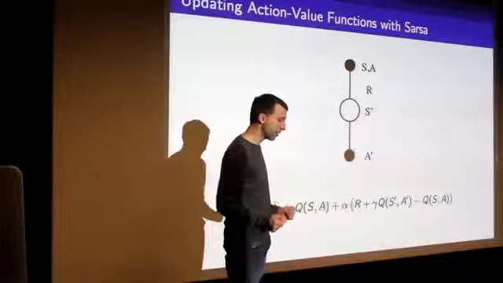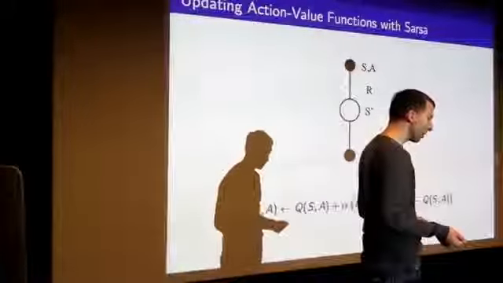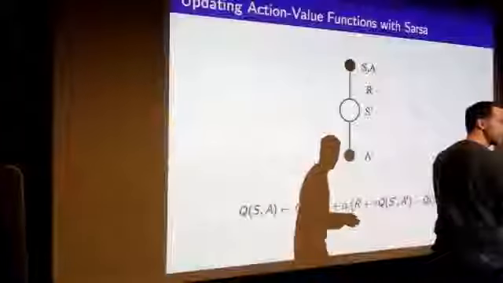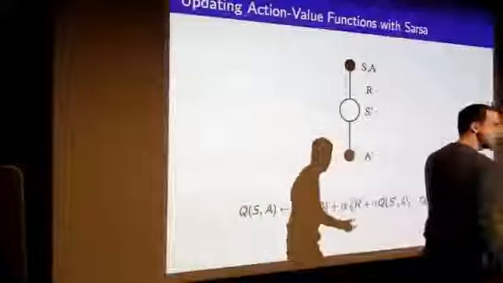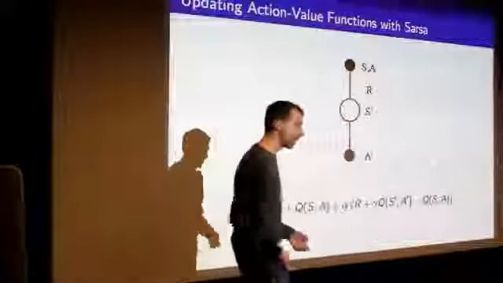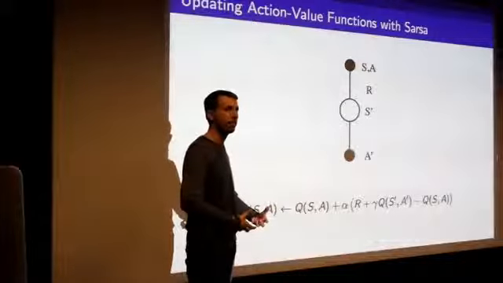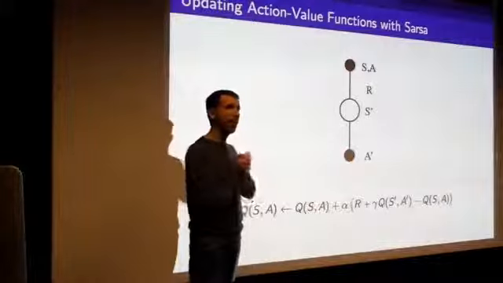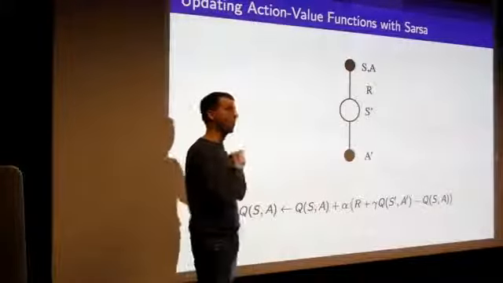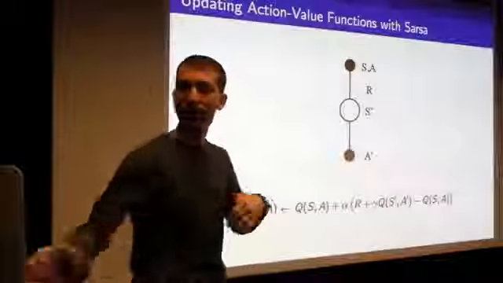And what I want to know is, if I actually take that action, look at the reward I got, and then the value of the next action which I would take, that gives me an estimate of the value of this policy. And I'm going to use that estimate to update the value of the state action pair I started in. Okay, that's the general idea. This comes from the Bellman equation for Q. We've seen this hopefully before, becoming familiar with these types of ideas. So that's a SARSA update.